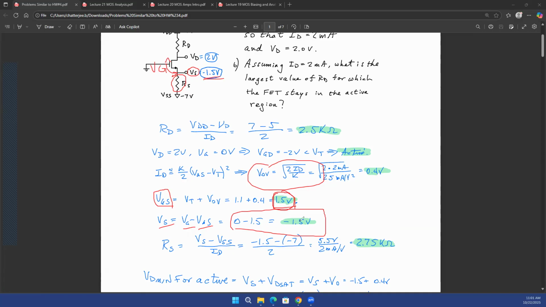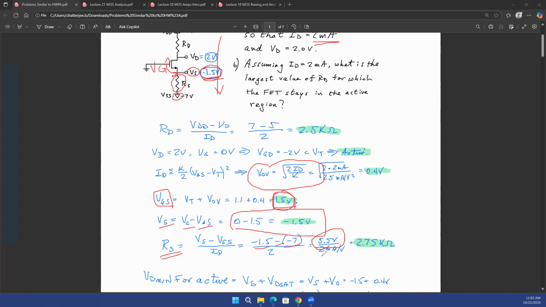And if the source is at minus 1.5 volt, you can find out what is going to be your RS, because again, you know your VS, that is minus 1.5 volt. You know the lower terminal of the resistor, which is at minus 7 volts. So the voltage drop across the resistor is minus 1.5 minus of minus 7. So 5.5 volt is the voltage drop across that resistance. And you already know the current, which is basically same in the drain as well as in the source, and that current is equal to 2 milliamp.